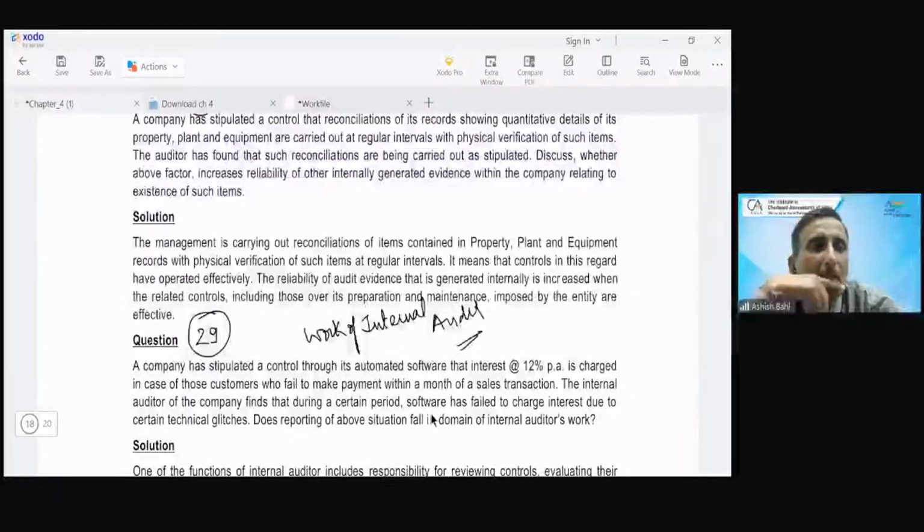Yes, see question number 29. A company has stipulated a control through its software that interest at so much is to be charged in case of customers who failed to make payment.